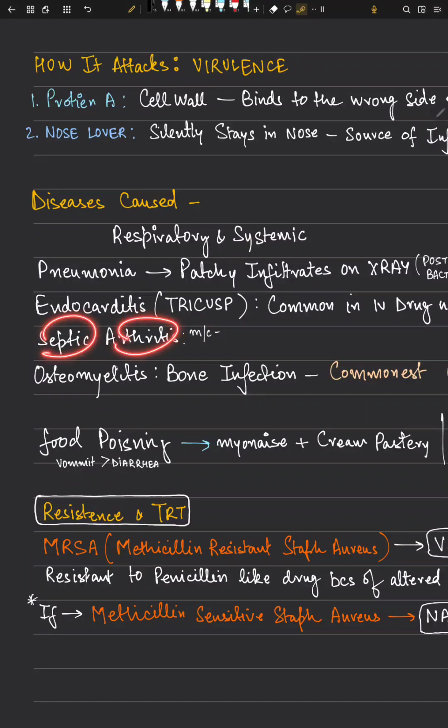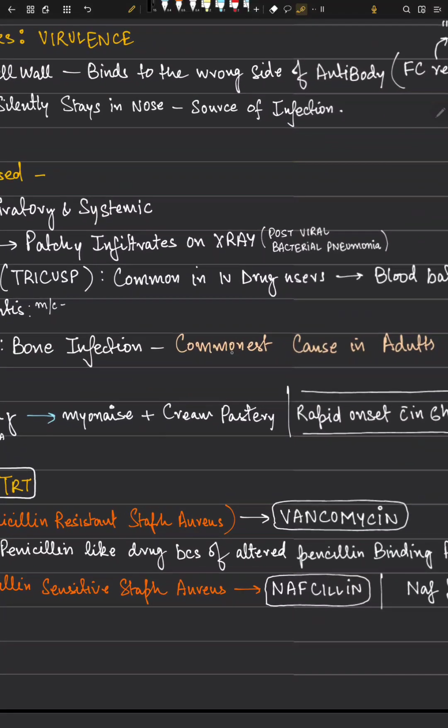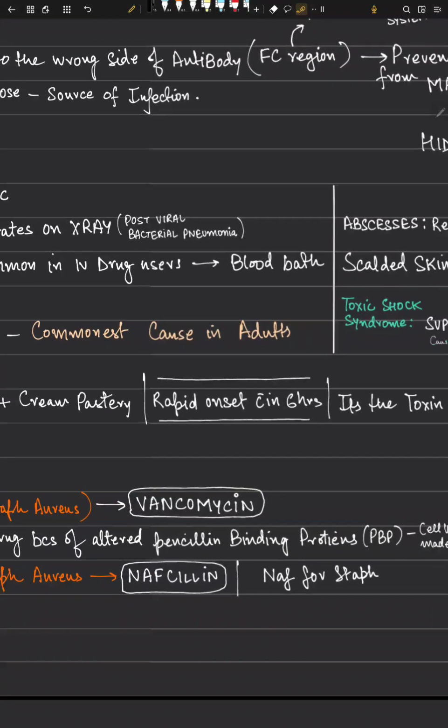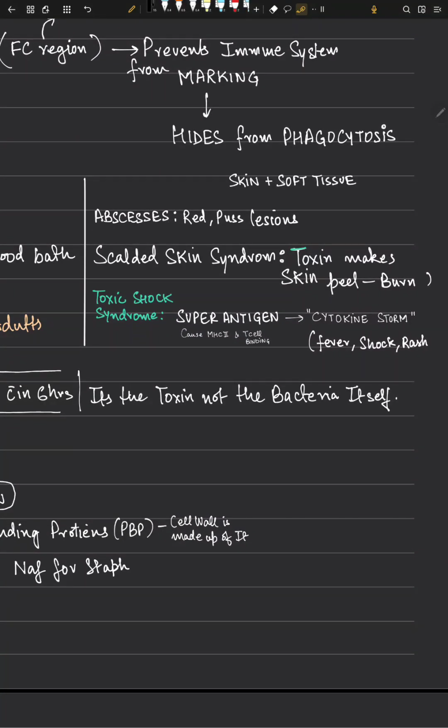It also causes osteomyelitis, a bone infection, also one of the commonest causes in adults. So Staph aureus is the most common cause of septic arthritis and osteomyelitis.